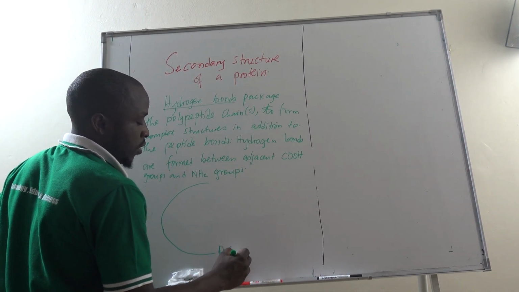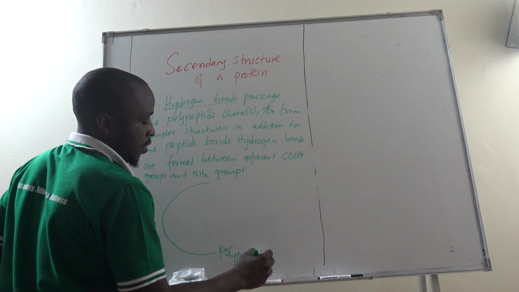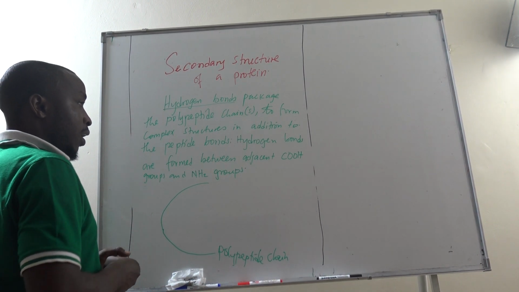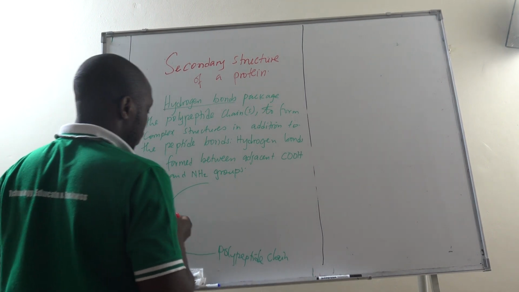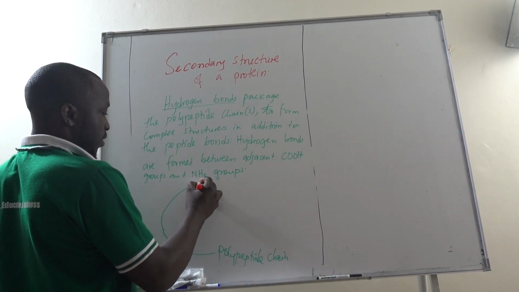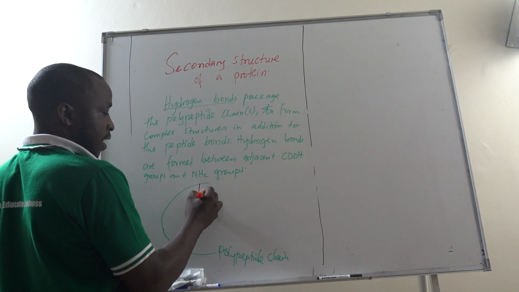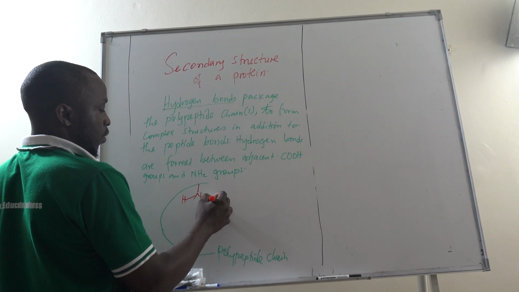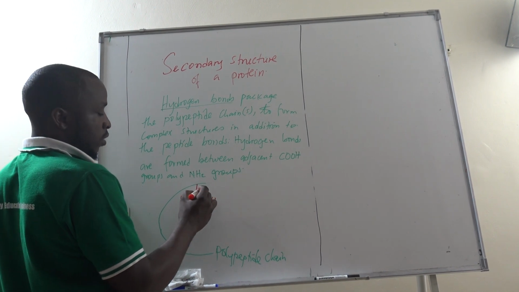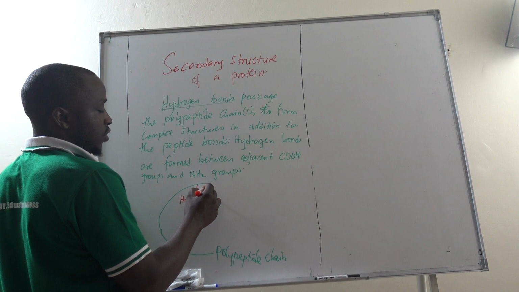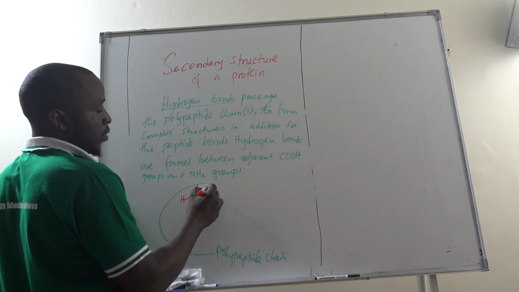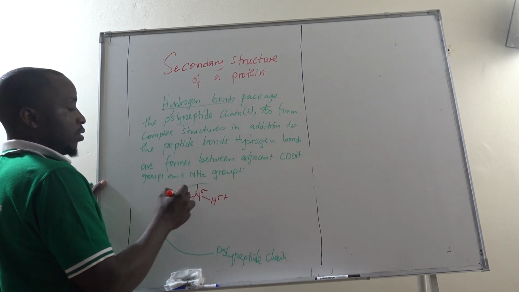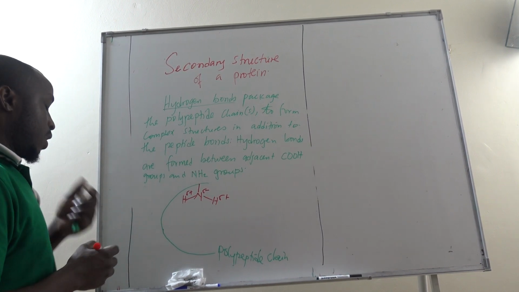A polypeptide chain. And this is exposing the amino group here. We still know that nitrogen is more electronegative, so partial negative on nitrogen, partial positive on hydrogen.